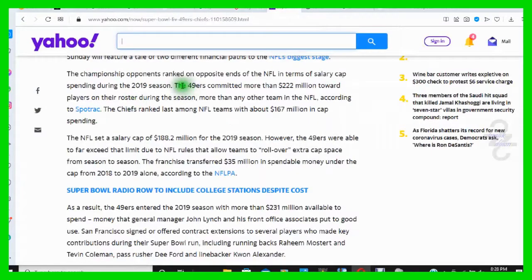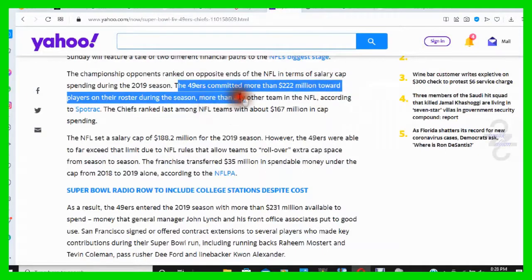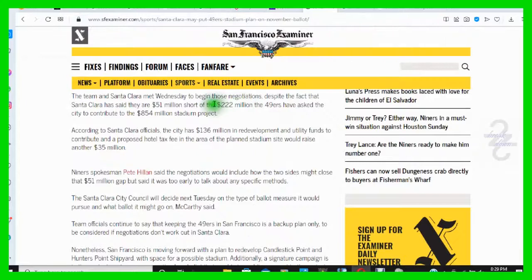The 49ers had a $222 million salary cap, the largest of the year. Not to mention, for some reason, they're constantly looking for $222 million.